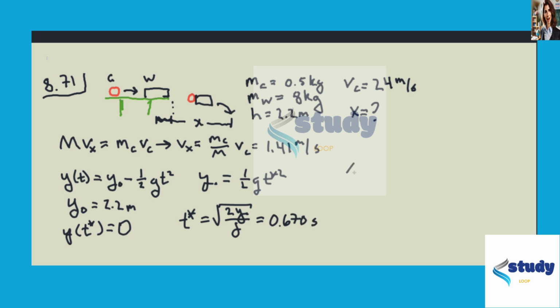So now x is just going to be the distance that it moves as long as it can be moving, which is until it hits the floor. So this, let me draw that a little bit better. There we go. So that's equal to the speed times the time it's taken.